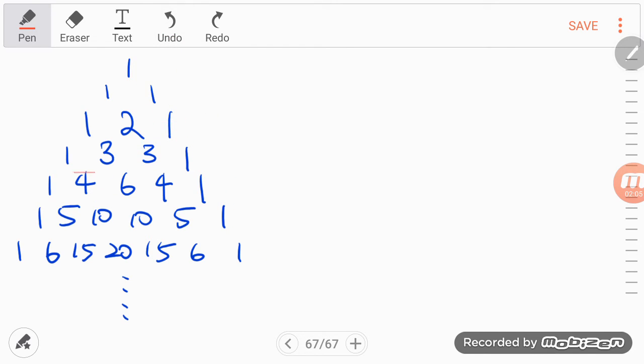And also, the numbers kind of repeat themselves. So 1, 2, 1, that's not very obvious. But you see here, I have 1, 3, and then I have 3, 1. I have 1, 4, and then I have 4, 1 with a 6 in the middle. Okay, so 1, 5, 10, 10, 5, 1. 1, 6, 15, 20, 15, 6, 1.